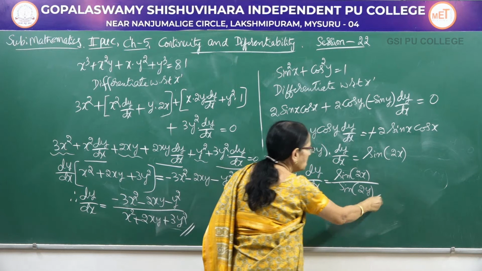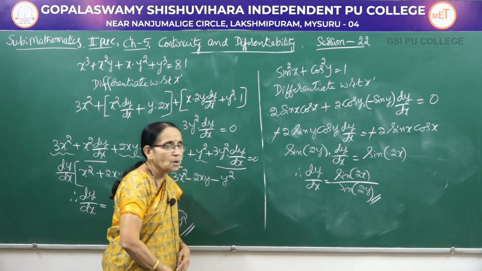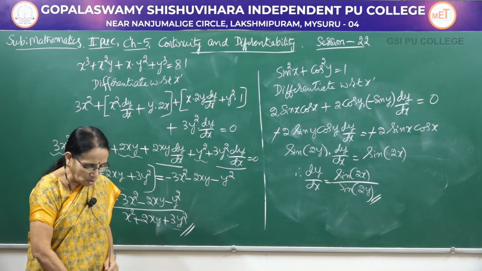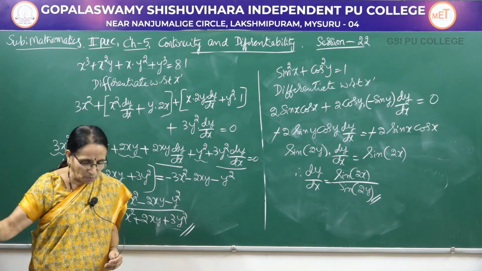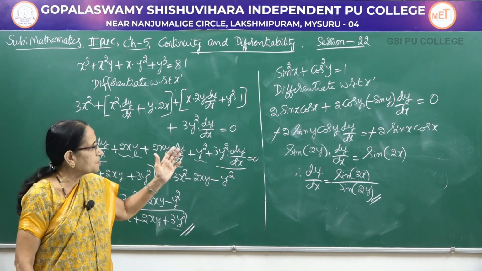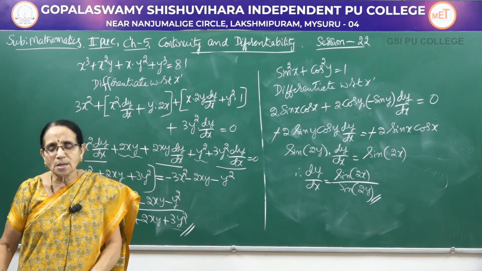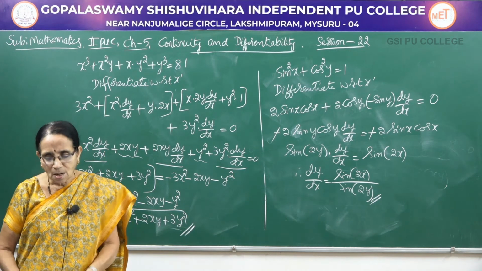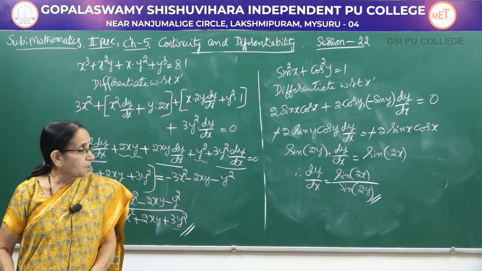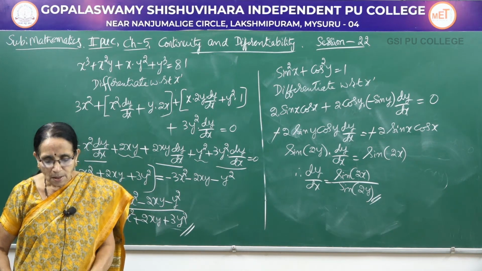Now finally we get the derivative in this particular form. So I am using the multiple angle form. If I had cancelled that 2, you cannot use the multiple angle formula, that is why I retained 2 and cancelled only the negative sign here. So this would be equal to sine 2x divided by sine of 2y.